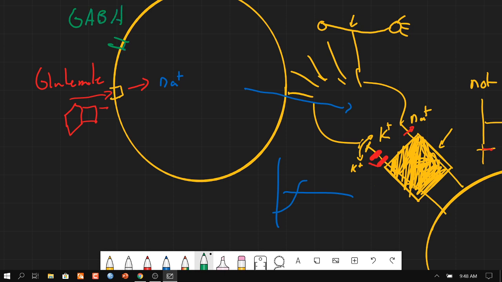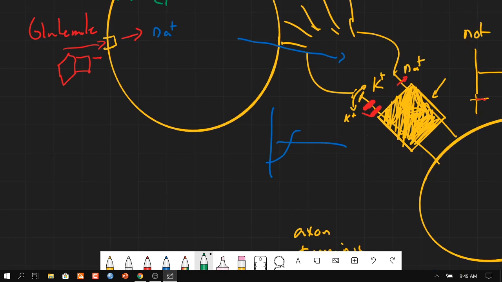GABA. What is the negative ion influence? Chlorine. The primary inhibitory chemical in the brain is GABA. It lets chlorine into the cell. If I let chlorine into the cell, what's going to happen to the soma's charge?